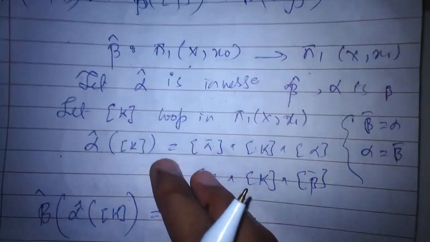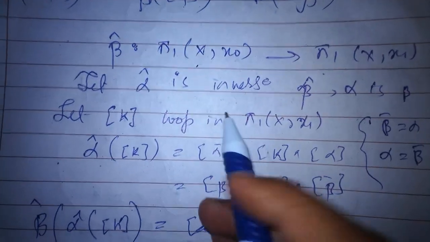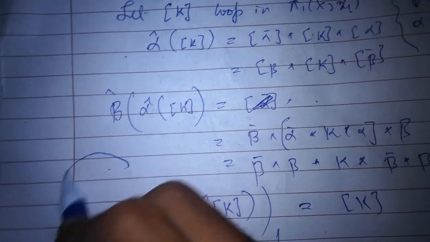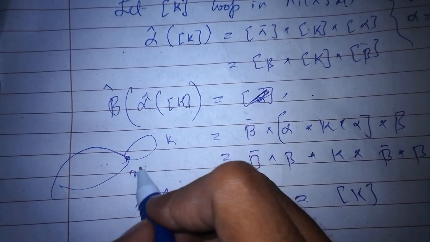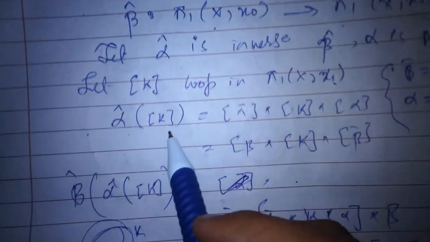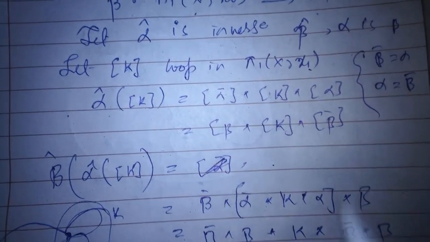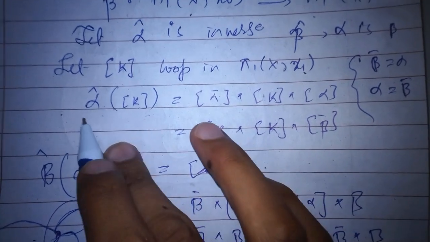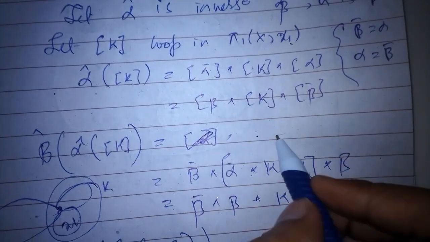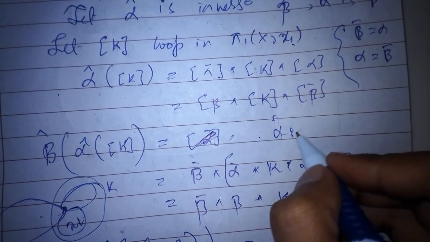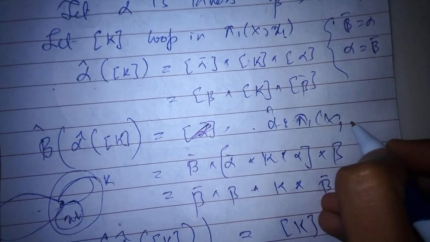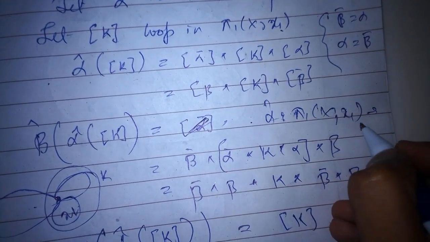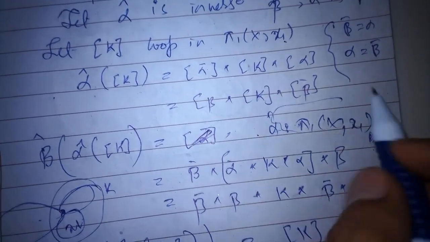So let's say K is a loop in the first fundamental group of x1. Means K is a loop at x1. So if we substitute this loop, and we know that alpha cap is the map from the first fundamental group of x1 to the first fundamental group of x0, the inverse of beta.